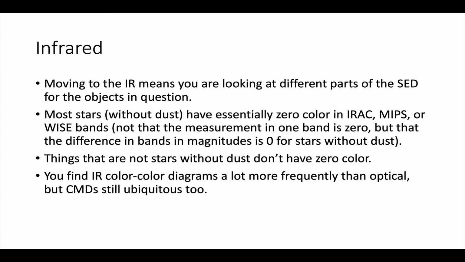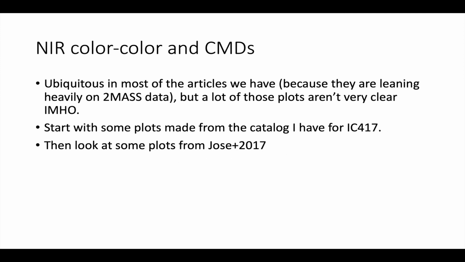Things that aren't just photospheres, things that aren't stars without dust, don't have 0 color. So you're going to find lots of infrared color diagrams just because of the things people do with them. But you still find color magnitude diagrams in the infrared as well.